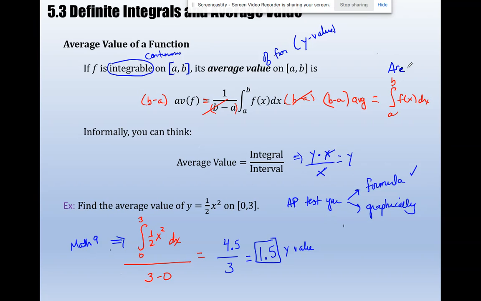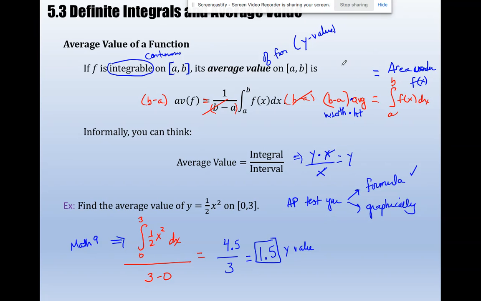The area under the curve, as long as f of x is positive, is the same thing as width times height.